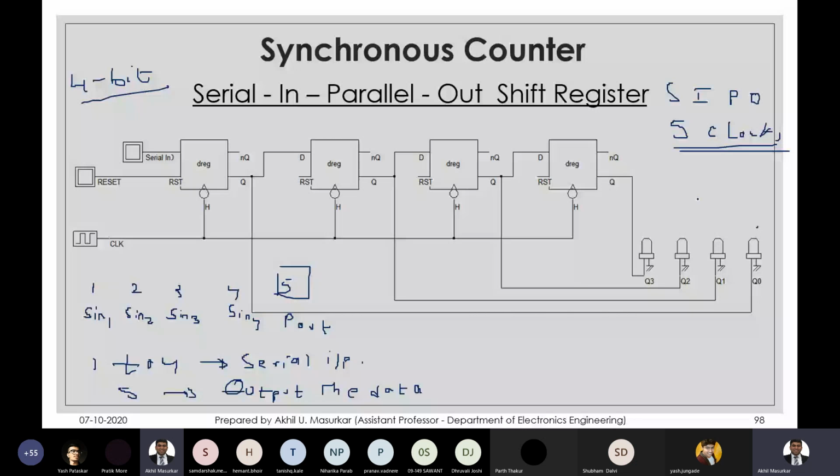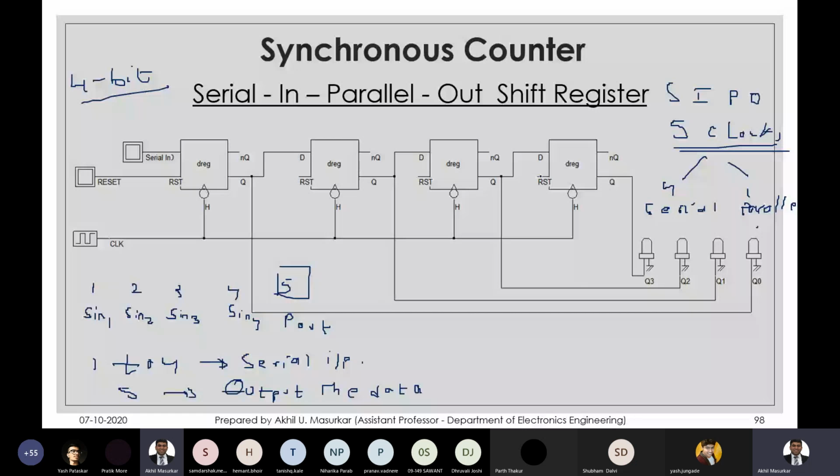Four for serially inputting the data and 1 for parallelly outputting the data. So draw this diagram and note down whatever I have written.